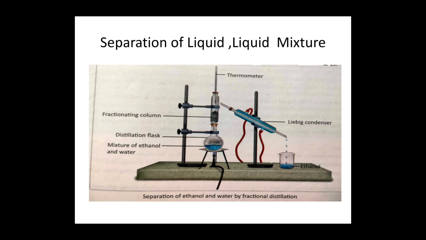It is defined as the process of separating a mixture of two or more miscible liquids by distillation using a fractionating column. A fractionating column is a tube-like apparatus containing different horizontal plates. It is connected between the distillation flask and the condenser, as you can see in the diagram. The column helps in repeated cooling and condensation of the vapors.